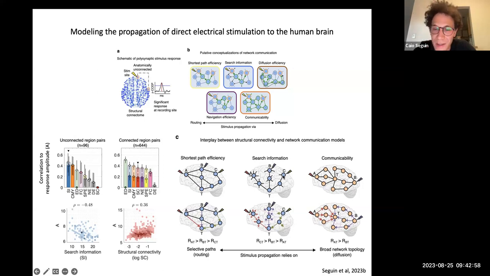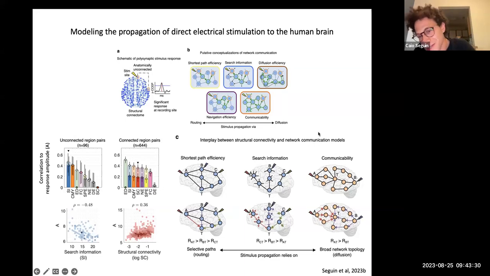Whereas in C, the nodes along the shortest path have very few connections. So if this conceptualization of signal propagation is correct, even though A, B, and C are connected to the targets via the same shortest path, you would predict that the response after stimulating C would be stronger than the response after stimulating B and the response after stimulating A, because the local topology along the path is different.